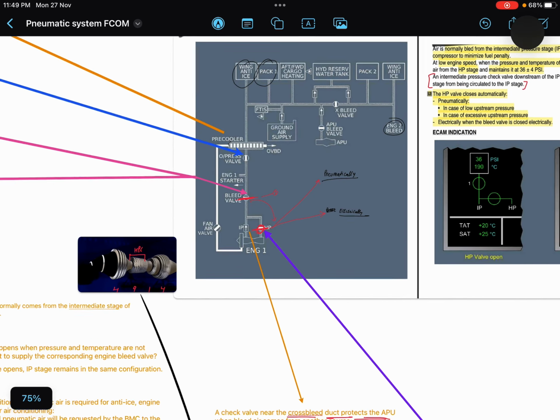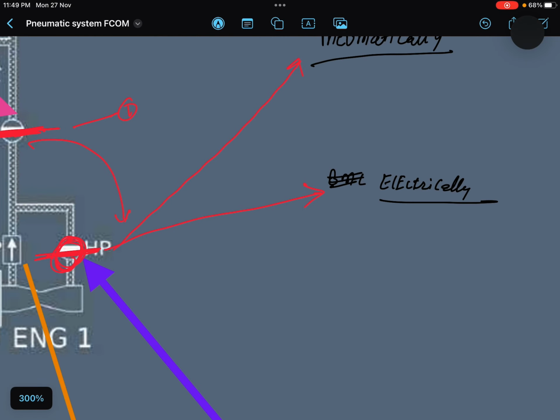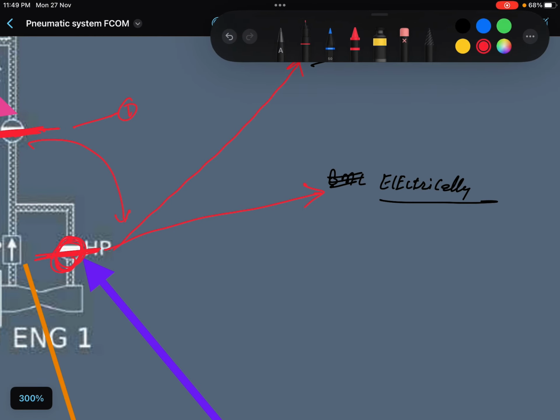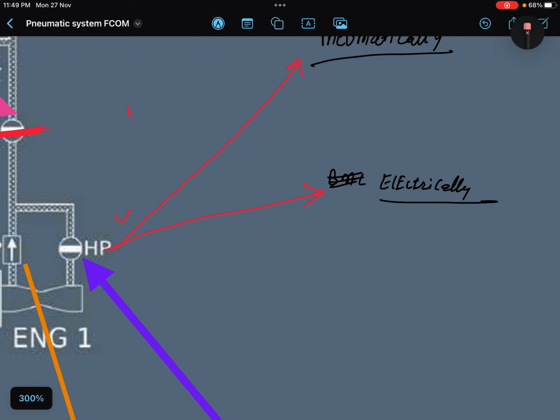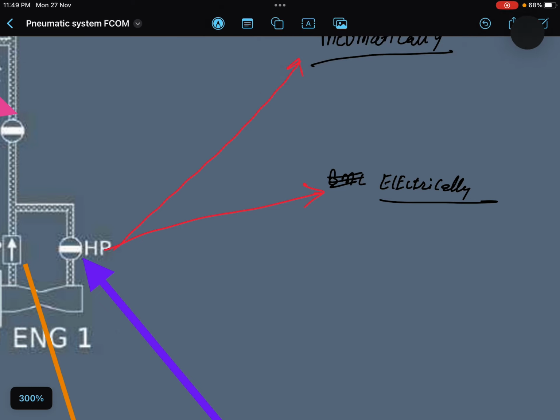Whenever there is low upstream pressure, so for the HP valve, okay, now comes the test time. Guys, tell me, if you put yourself at the HP valve, what is upstream and what is downstream? Correct me if I'm wrong.